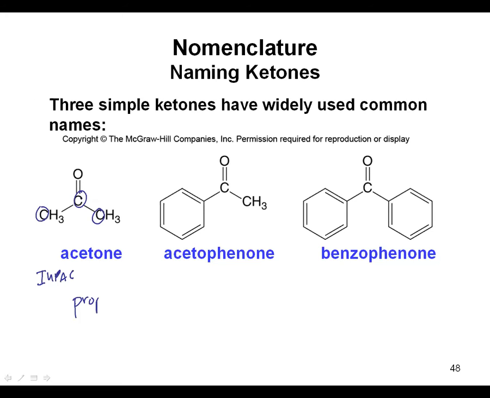Dropping that E because it's a ketone, propanone. And technically, you could call it 2-propanone, even though there's only really one place it could be, on that carbon, because you need the 3 carbons in a row. So some people may leave the 2 off of that one, just call it propanone, or you could call it 2-propanone, but in reality, there's really no place other than the second carbon in this particular guy for that to be.